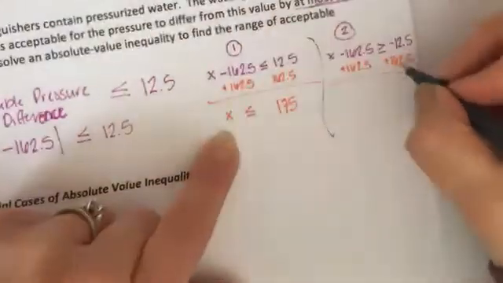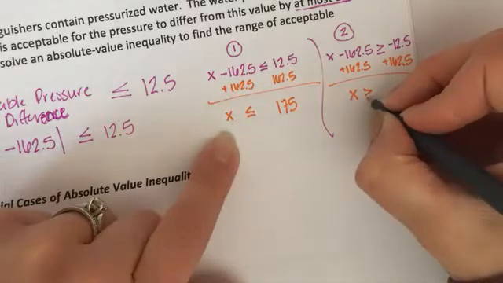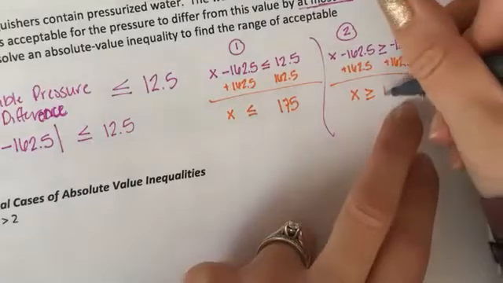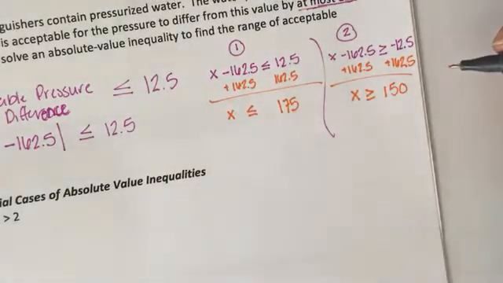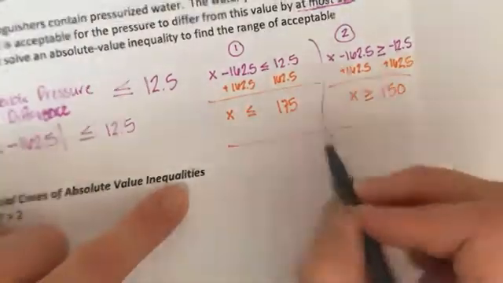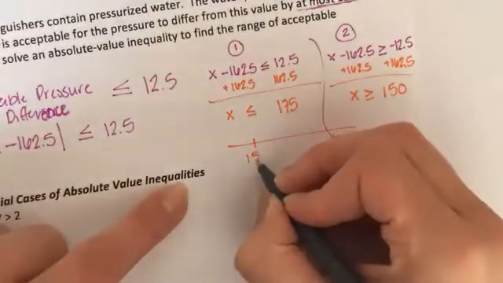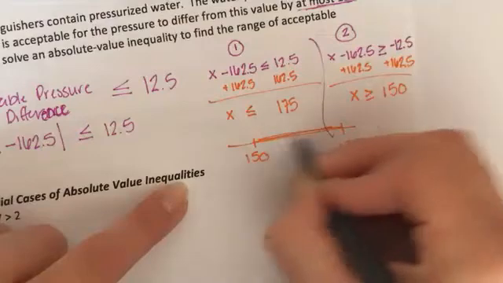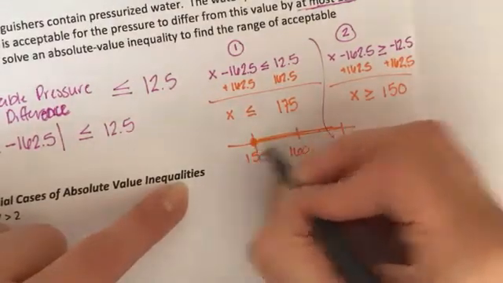And then this one, if I take away, oh yeah, there we go. If I take away, it gives me 150. So that means that the acceptable measure for the PSI is anywhere from, I know it doesn't state a graph, but sometimes this is nice to do, 150 to 175. Anything in between there is acceptable.